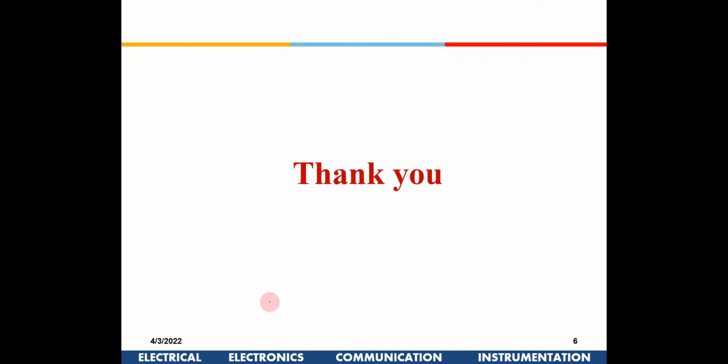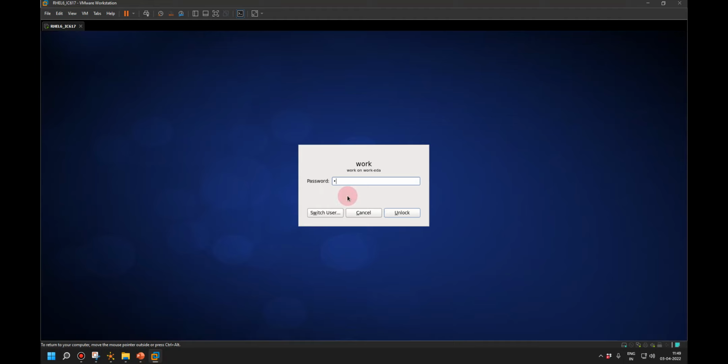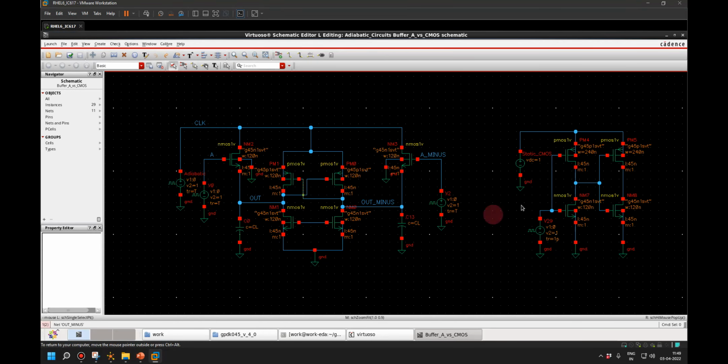Okay, so let me show you some simulation based on this also. Right, so this is an adiabatic circuit. This is an inverter. To compare with respect to an inverter, since in adiabatic I am going to get out and out minus both, I have cascaded two inverters here to get out and out minus.